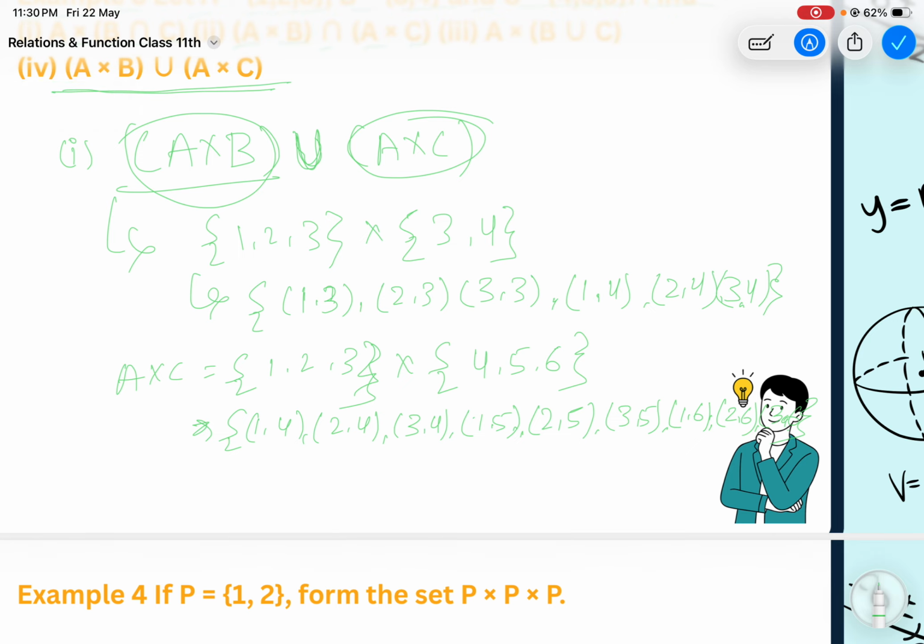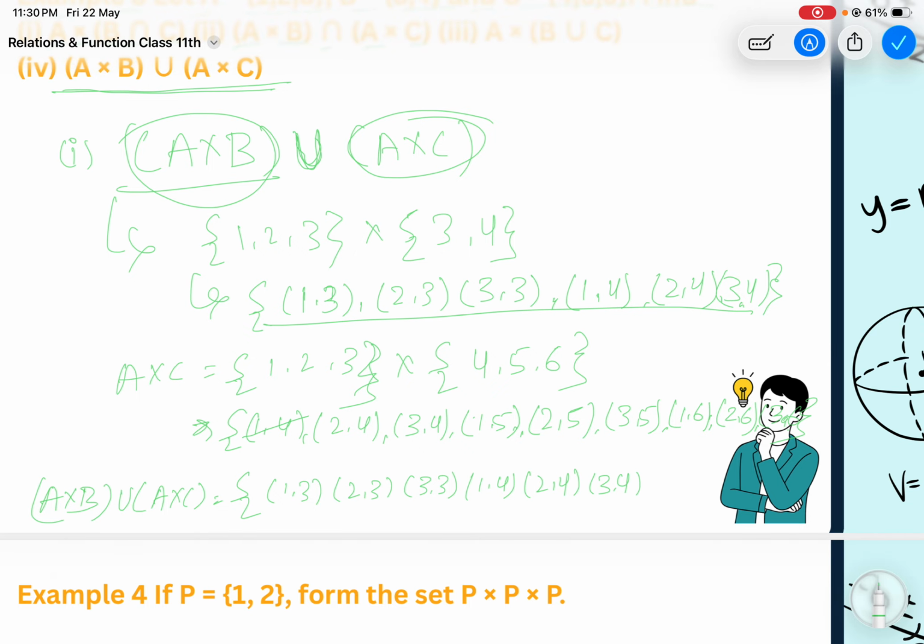So A × B union A × C equals, we will write all the elements: (1, 3), (2, 3), (3, 3), (1, 4), (2, 4), (3, 4).